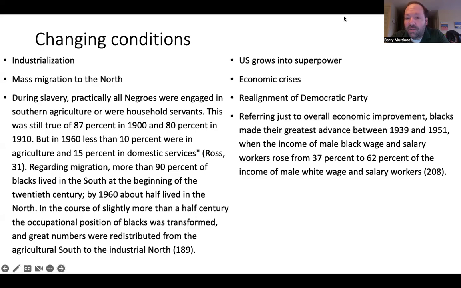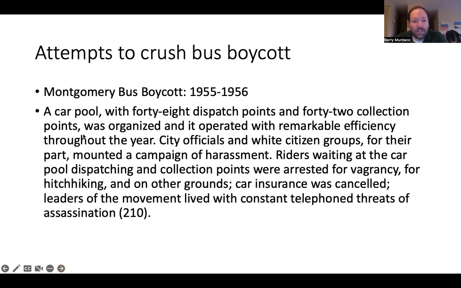So over that period of time, their wages were only about 37% of what white workers were making, and by 1951 had risen to about 62%. So still less, but obviously much higher than it was prior to that. So I said maybe that refers to this idea of rising expectations. People see things are improving slightly, but not as much as they would like to. So it kind of inspires them to seek more change, basically.